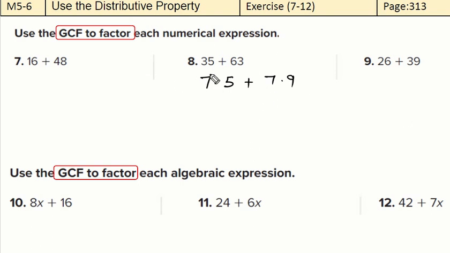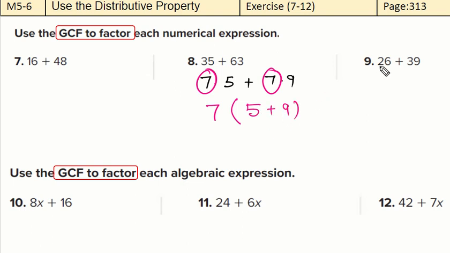So I can see straight away that 7 is the greatest common factor. You can ask, is there any other greatest common factor? For that you would again have to find the factors of 35 and 63 and then check what your greatest common factor is. But since I can directly see 7 is the greatest common factor, inside you have 5 plus 9.